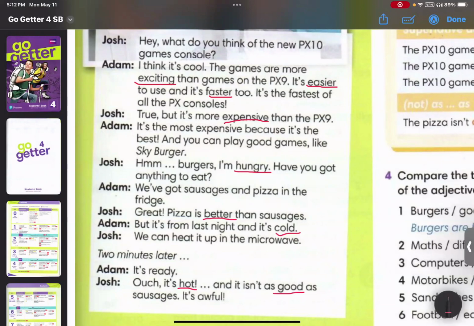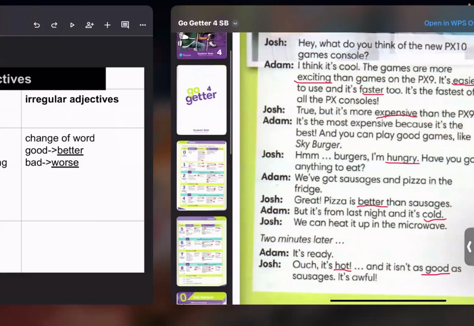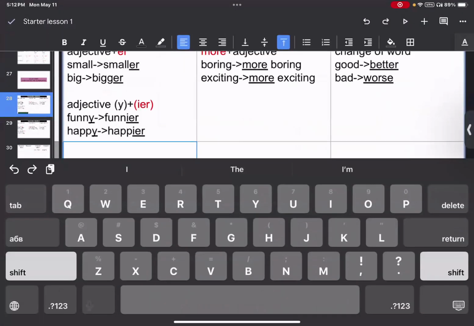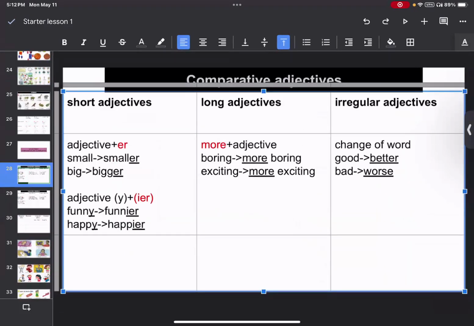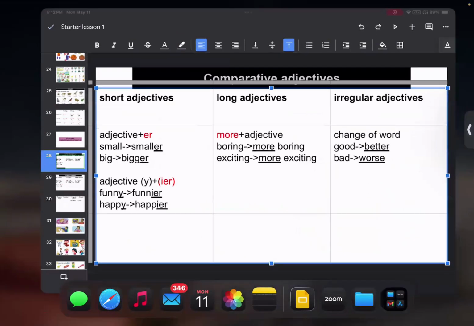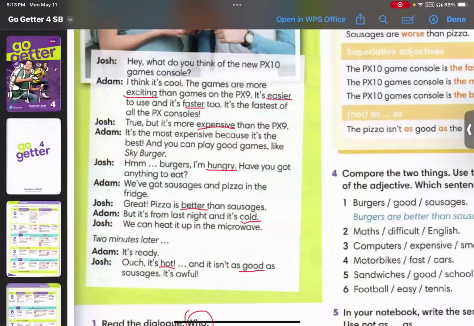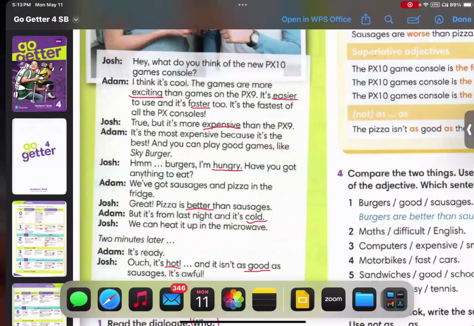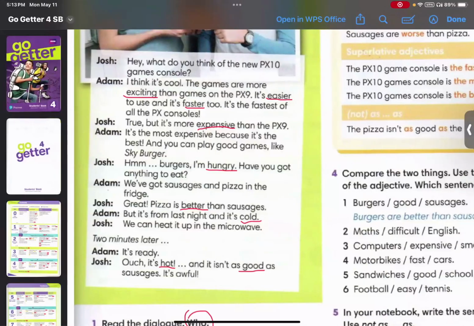Okay, so now we'll go back and we'll use what we have to make the comparative adjectives, so we can remember the ones we have. Okay, so here, let's go back to this place.